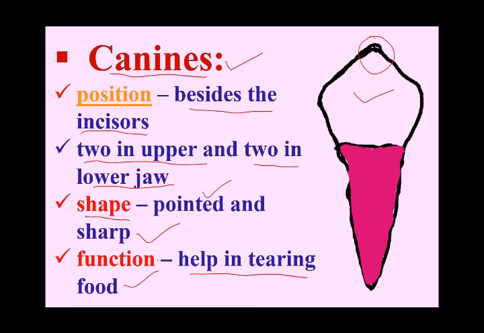Well-developed canines can be observed in flesh-eating animals, for example, lion. There you can observe that the canines are well-developed and sharp, and they tear the flesh with the help of these canines. In your area, you can observe these well-developed teeth in dogs. Dogs also have well-developed canines.